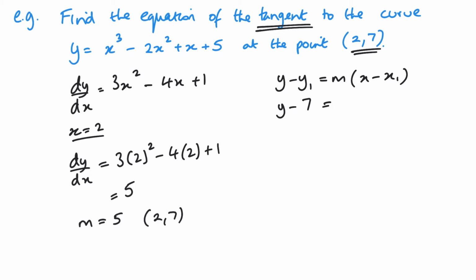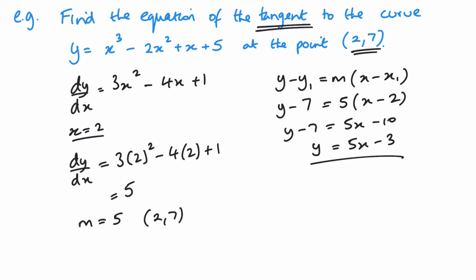So y minus 7 equals 5(x minus 2). Expand my brackets, and then add 7, and this is the equation of my tangent. So it's the tangent to the curve at the point (2, 7). Pretty straightforward? I hope so.